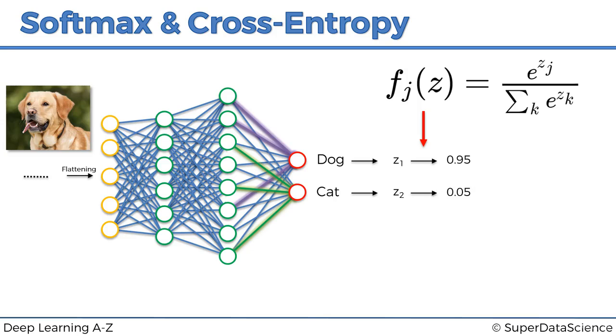To quote Wikipedia, the softmax function, or the normalized exponential function, is a generalization of the logistic function that quote-unquote squashes a k-dimensional vector of arbitrary real values to a k-dimensional vector of real values in the range of 0 to 1 that add up to 1. So basically, it does exactly what we want.